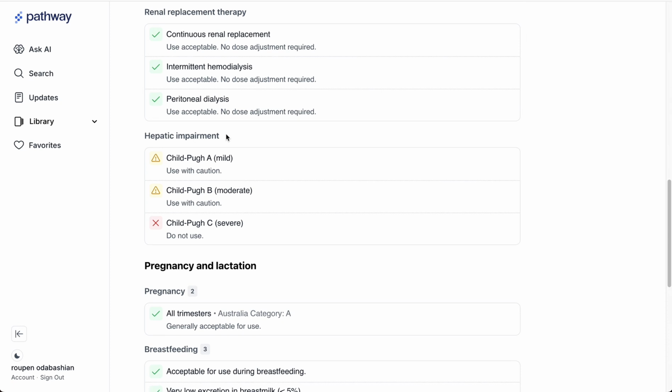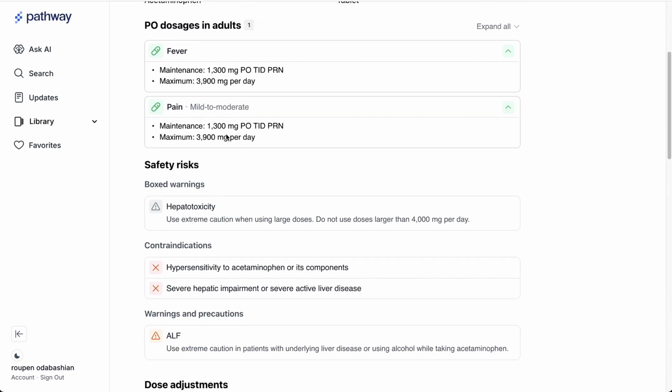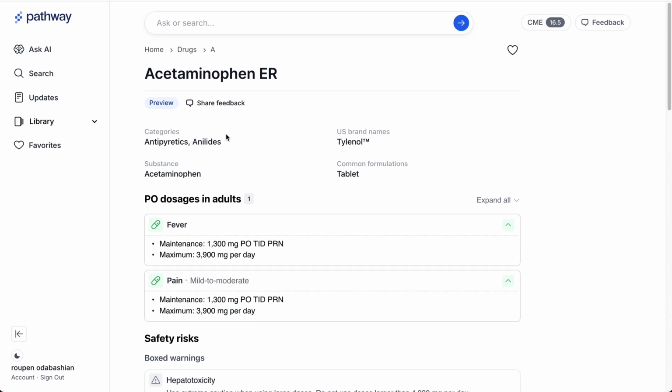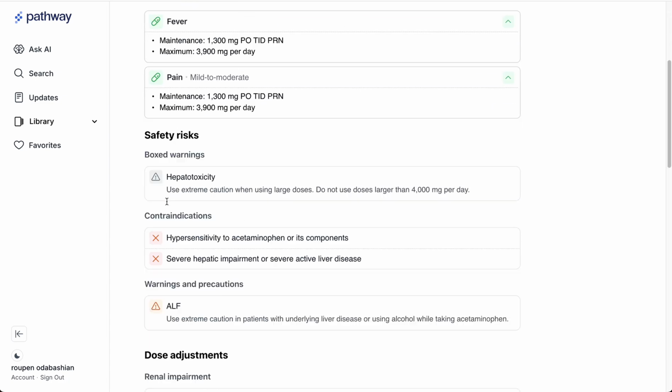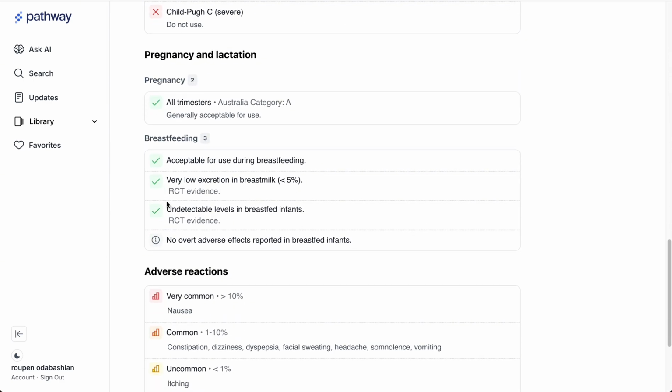Other resources that are commonly used, like UpToDate, also offer a drugs section, but from a user interface perspective, I find this is simpler. They have really nice icons and different subsections, and it is more visually appealing when compared to UpToDate. But I still use UpToDate, don't get me wrong.